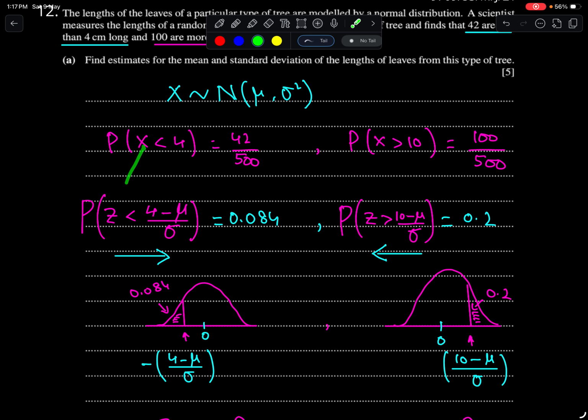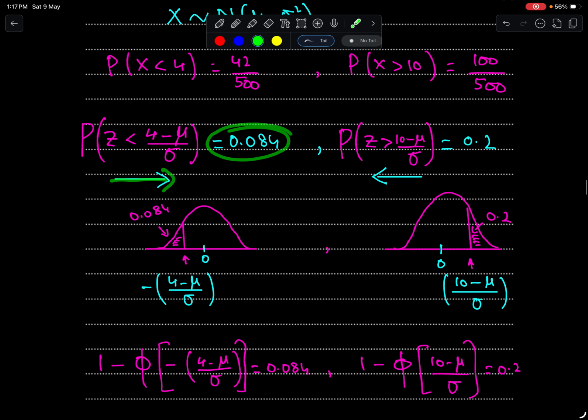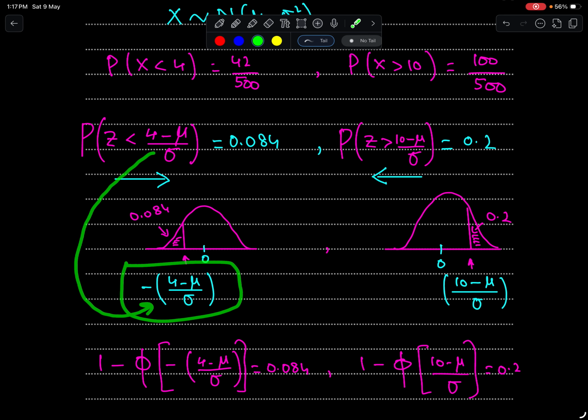Now convert these statements into Z with the help of the x minus mu over sigma formula. Now shade this area. See, this area is less than 0.5, so this area is here. And this unknown is on the left side of 0 and it must be negative because it is left of 0.